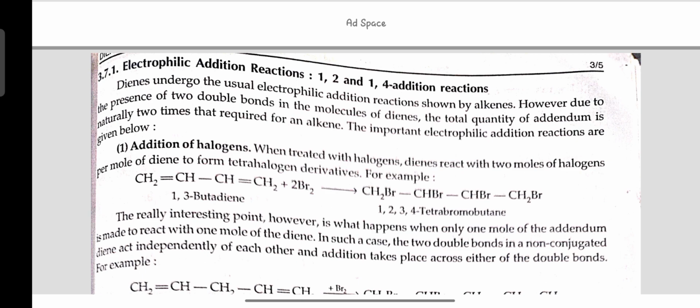The most common electrophilic addition reactions are given below. First, addition of halogens. When treated with halogens, dienes react with 2 moles of halogen per mole of diene to form tetrahalogen derivatives. For example, 1,3-butadiene gives 1,2,3,4-tetrabromobutane.